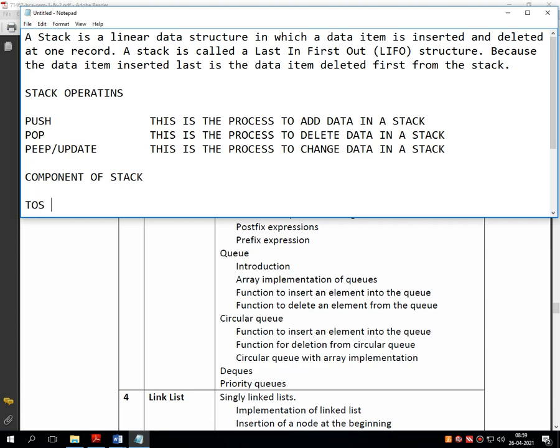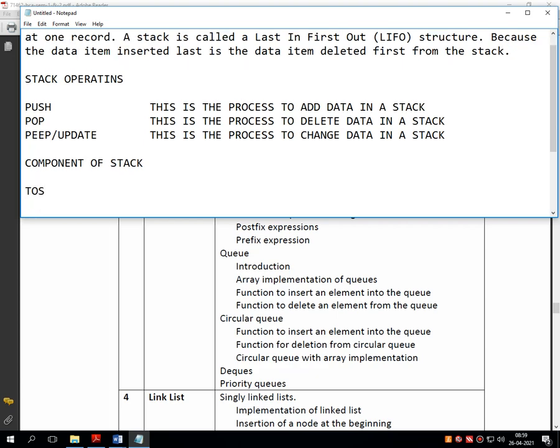That component of the stack is called as TOS, that is called as top of the stack. TOS means top of the stack.